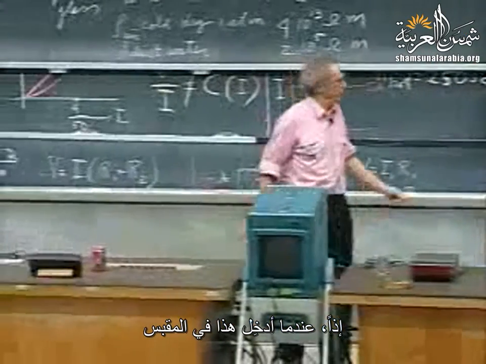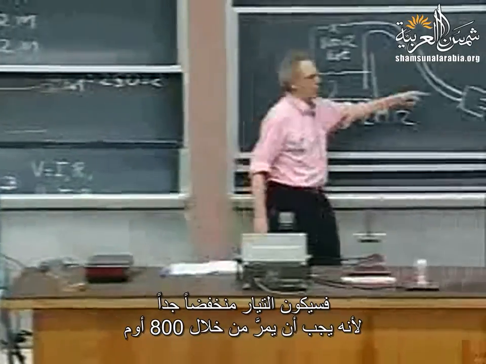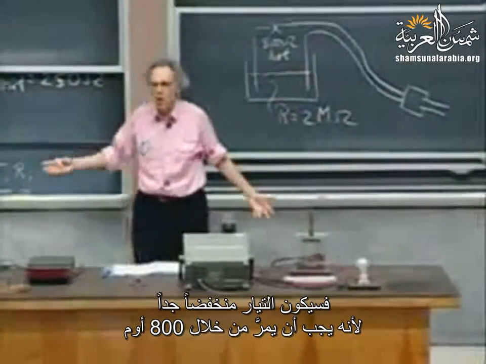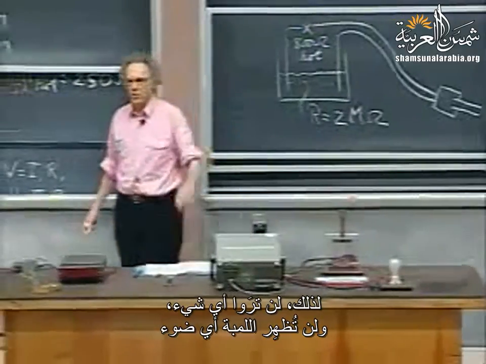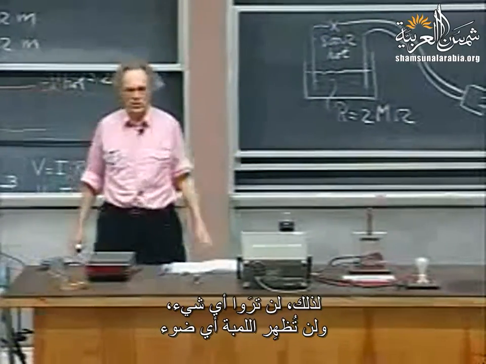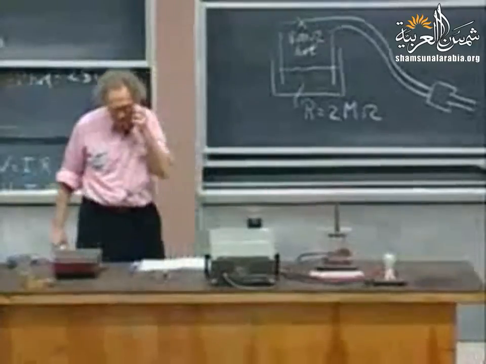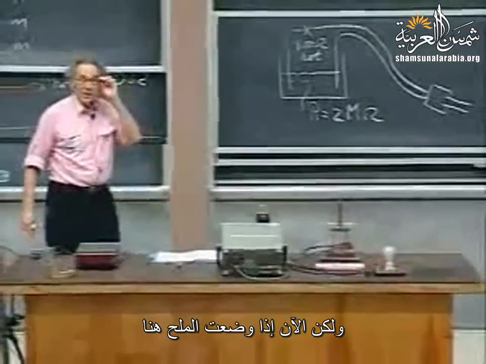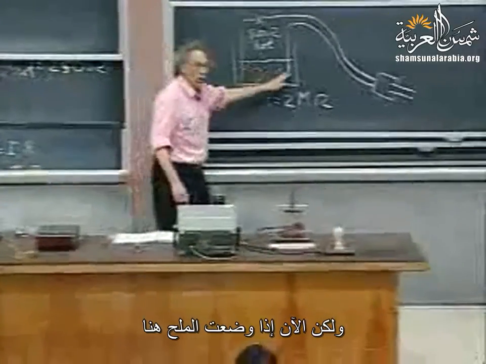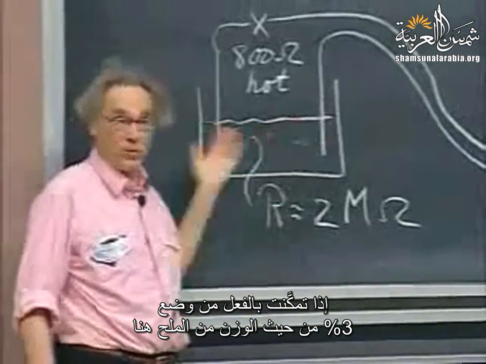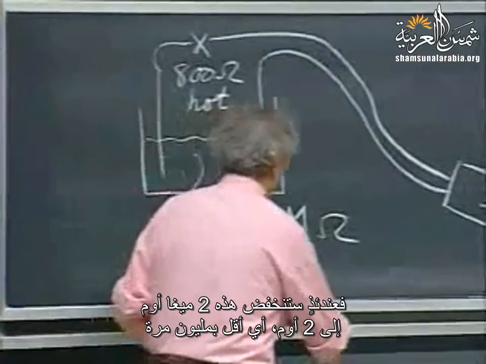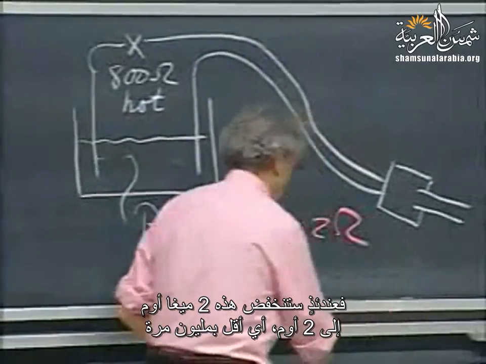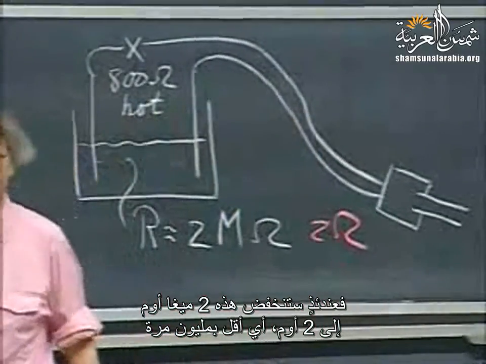So when I plug this into the wall, the current that will flow is extremely low because it has to go through the 800 ohms and through the 2 mega ohms. So you won't see anything. The light bulb will not show any light. But now, if I put salt in here, if I really manage to put 3% in weight salt in here, then this 2 mega ohm will go down to 2 ohms, 1,000,000 times less.